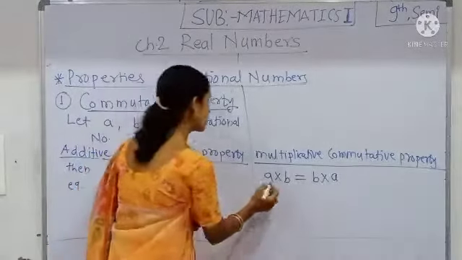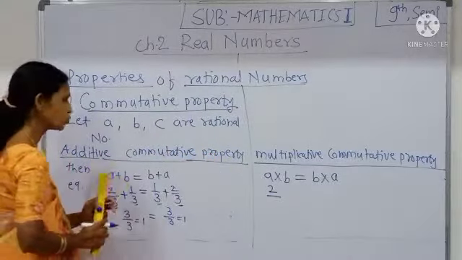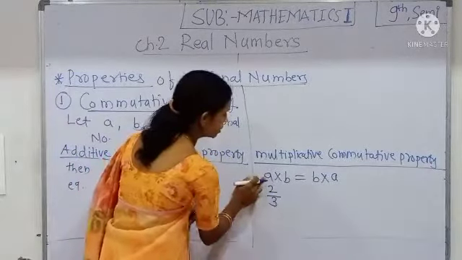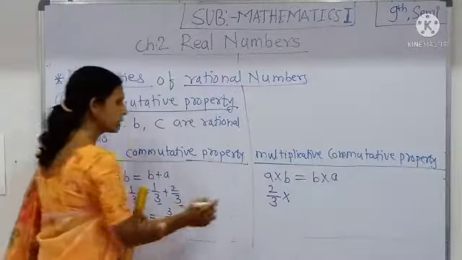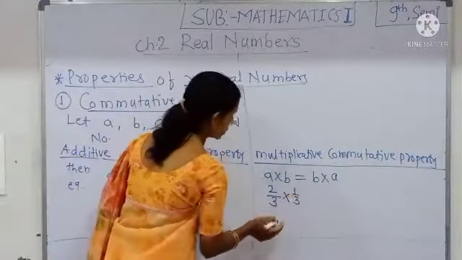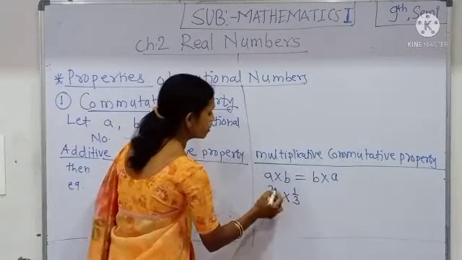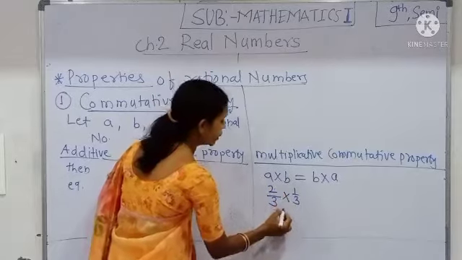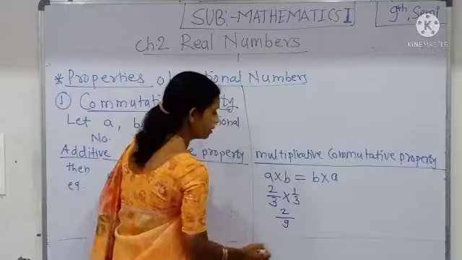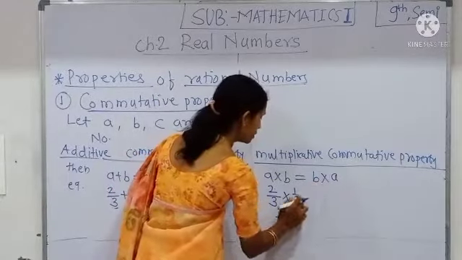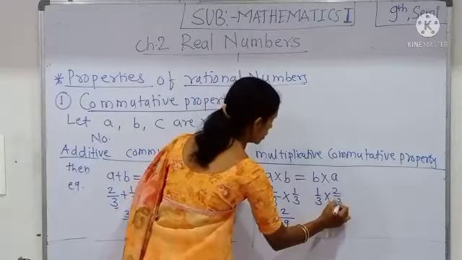As well as the same example is taken here, that is 2 upon 3 is one of the rational numbers into 1 upon 3 is another rational number. Then here multiplication of those rational numbers, 2 into 1, that is 2 upon 3 into 3, that is 9, as well as here B is 1 upon 3 into A is 2 upon 3.